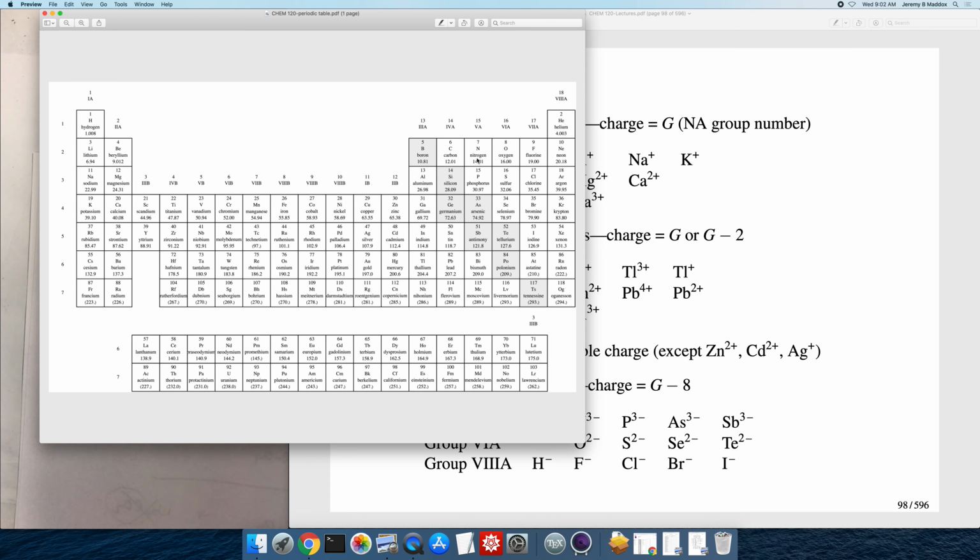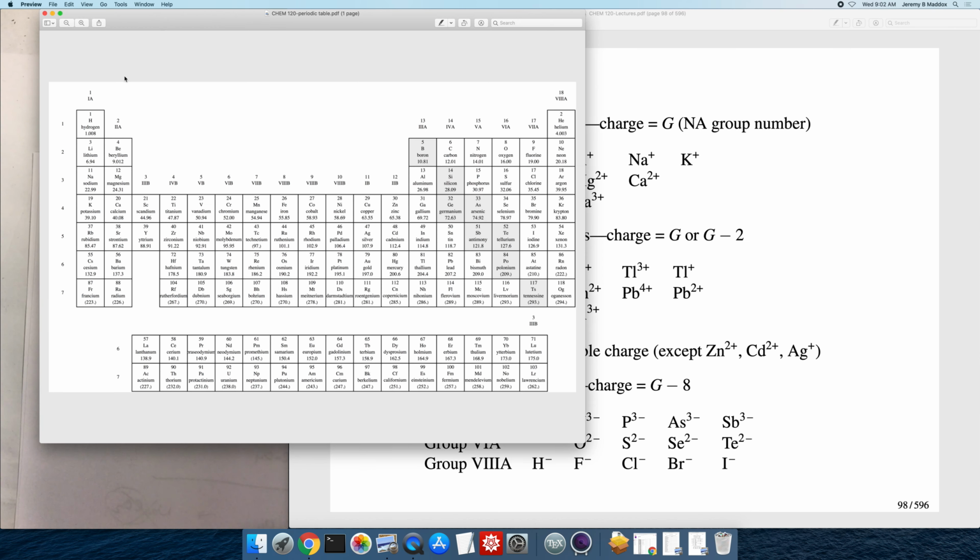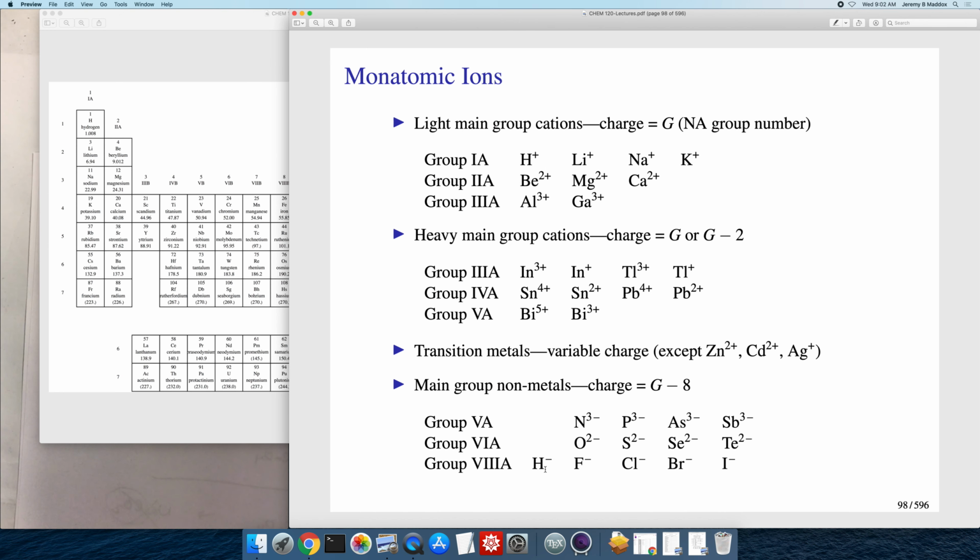Nitrogen and phosphorus, typically a -3. Okay, and so I've listed here all of the different anions that you would expect to see commonly. I'll point out one atom, hydrogen. Hydrogen can form a +1 cation, and it can also form a -1 anion. So it kind of goes both ways.